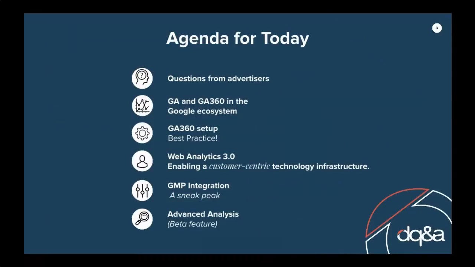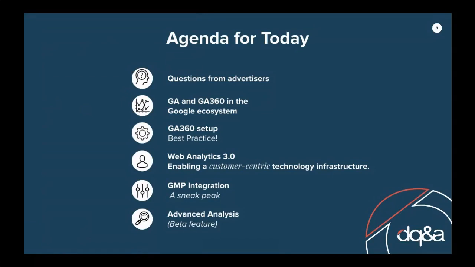Let me show you the points that we will cover today. A few questions that we usually get from advertisers around GA and how to use GA. Where does Google Analytics stand in the Google ecosystem?